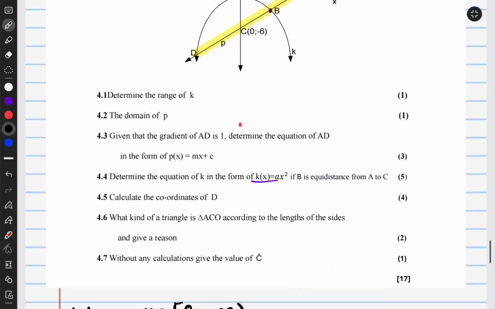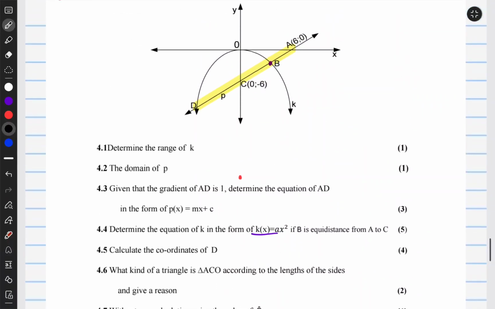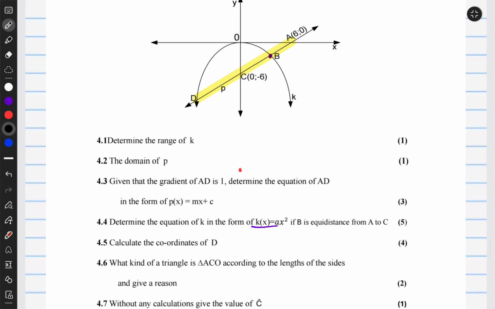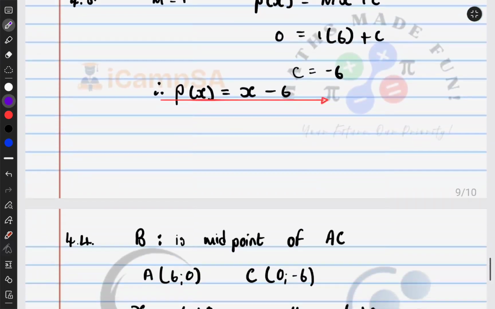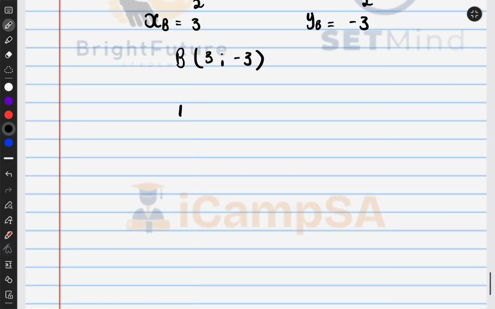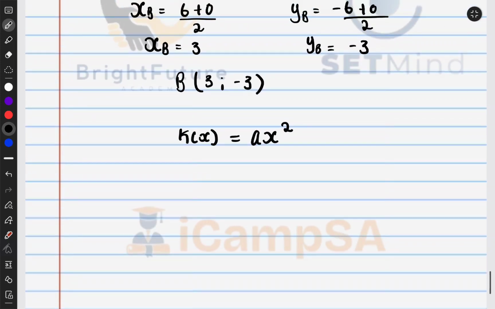Okay, and then next, since we have the coordinates of B now, and B lies on the parabola, the graph of K, we can solve for a. So K at x is equal to ax squared. Let's substitute the values of y and x, remembering that K at x means y.